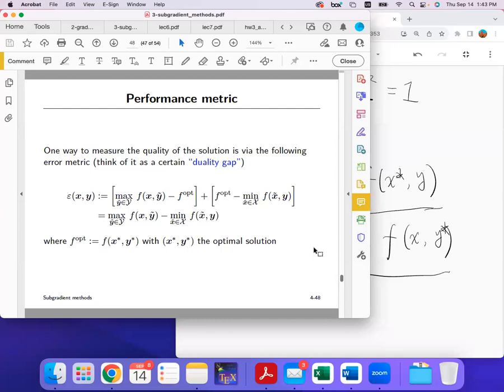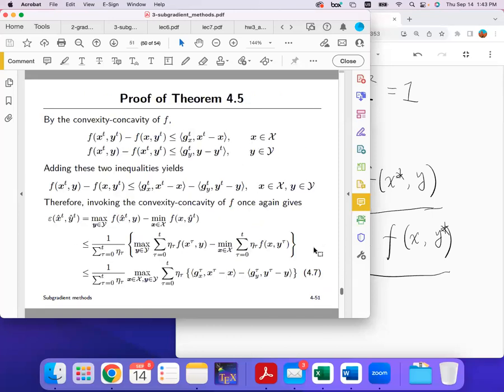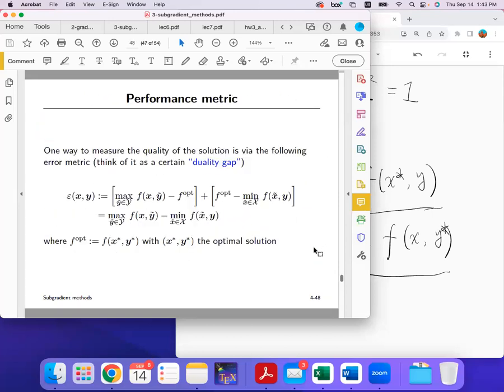So it's just like a two-player game. Sigma is the error metric, right? Yes, this epsilon xy. This is the metric for convex-concave saddle point problems.